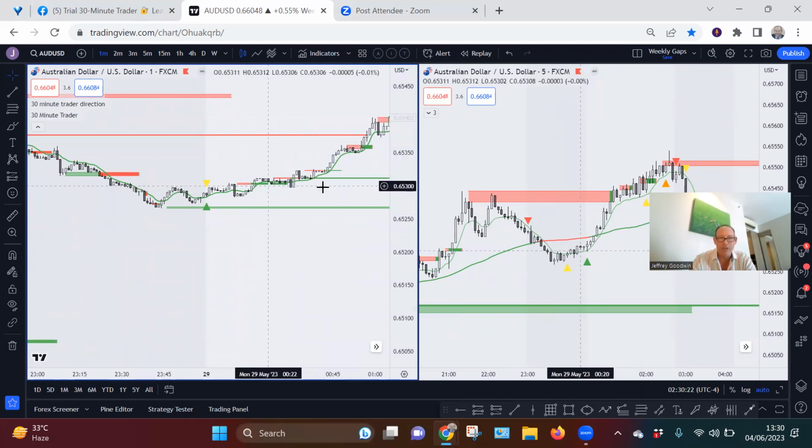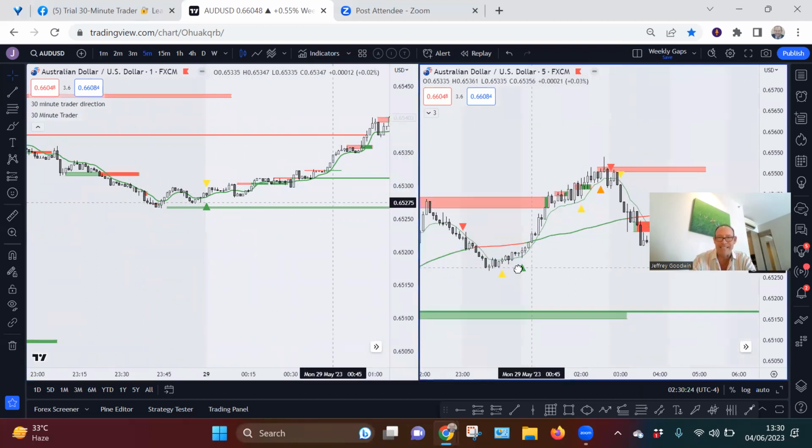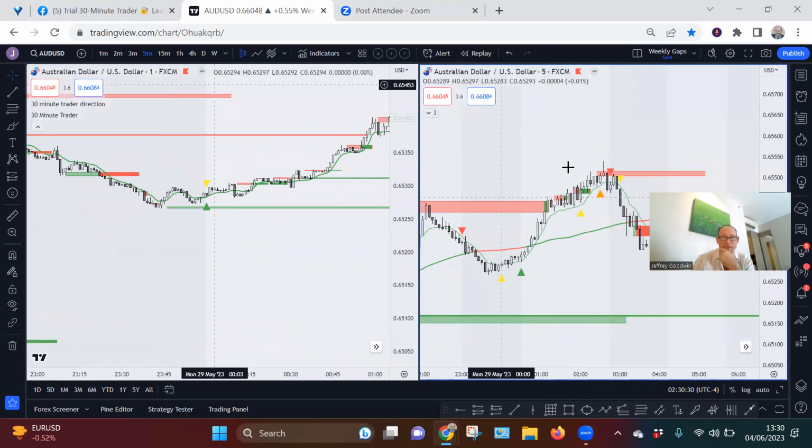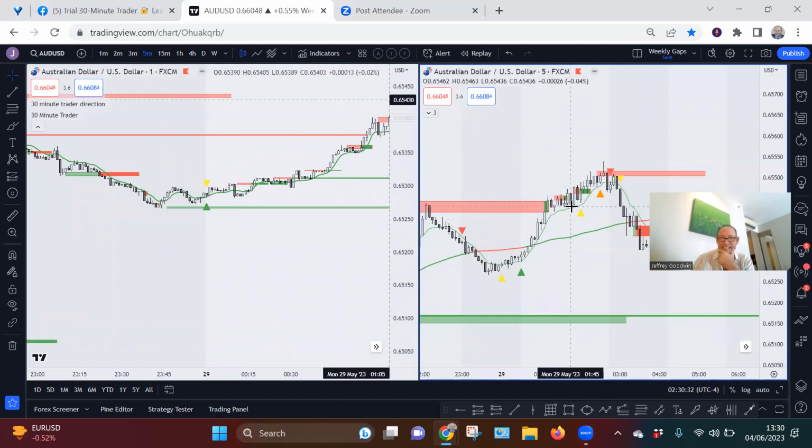Now, if you want to stay in the trade on a 5-minute, using the update to the 30-minute, these are just there to help you stay in the trade longer, so you can stay beyond that. At that point there, it hit another one of these, and it starts to test it a few times.